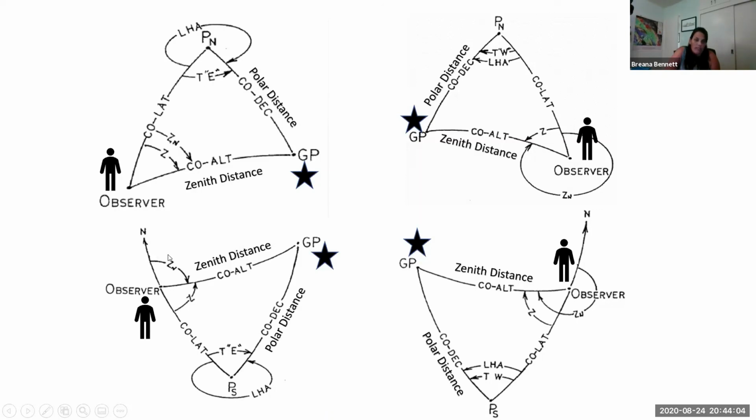So if our LHA is bigger than 180, meaning the star is to the east of us, right? LHA bigger than 180, stars to the east of us.